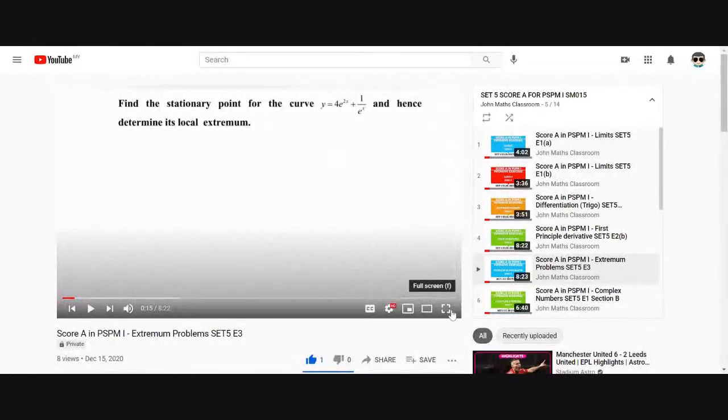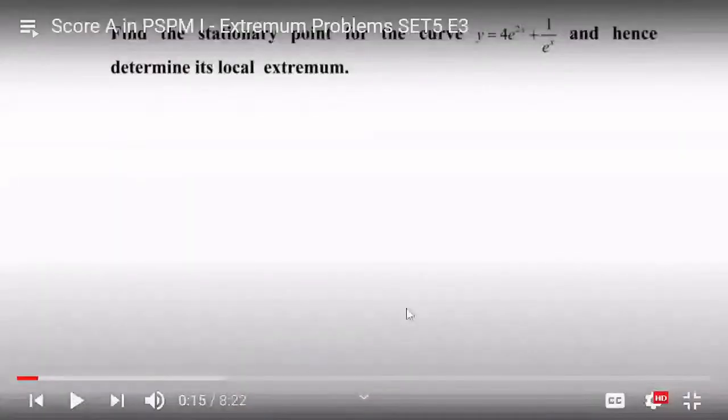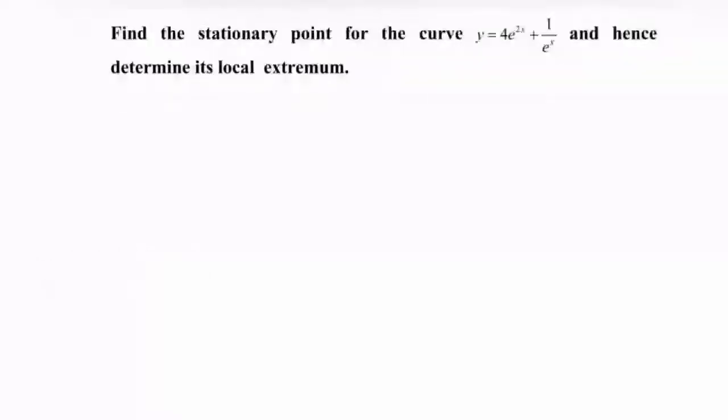So question number 3 is a question from chapter 10, extremum problems. Find the stationary point for the curve y equals 4 multiplied with e to the power of 2x plus 1 over e to the power of x, and hence determine its local extremum.